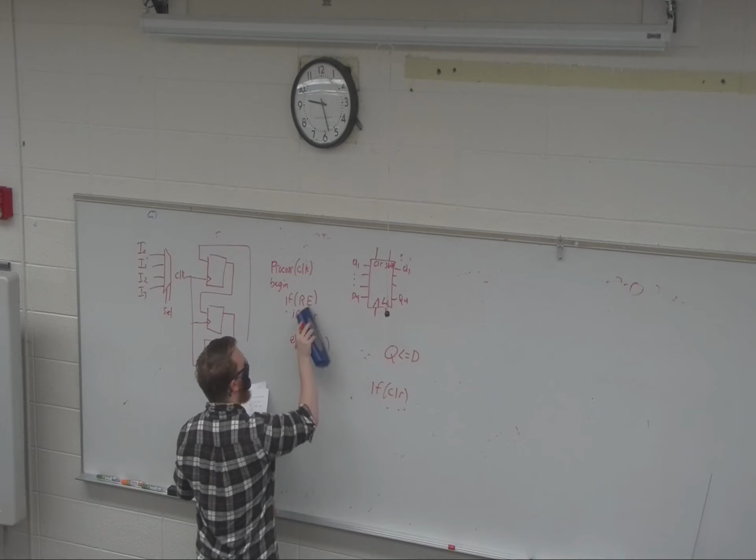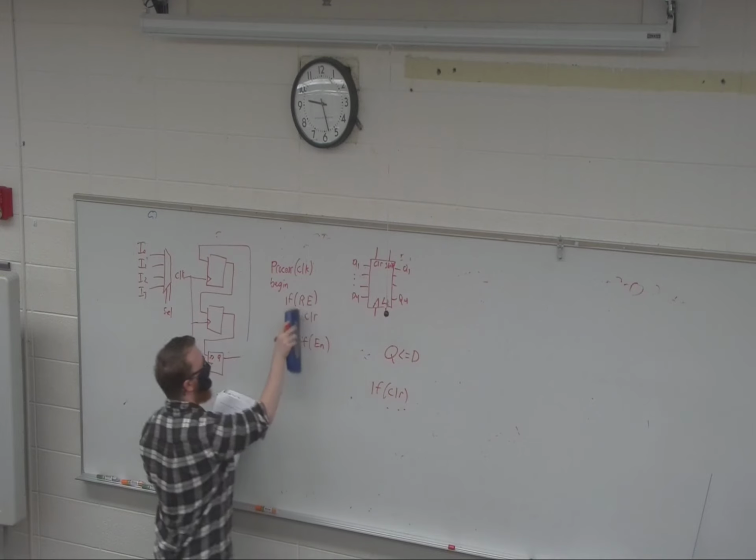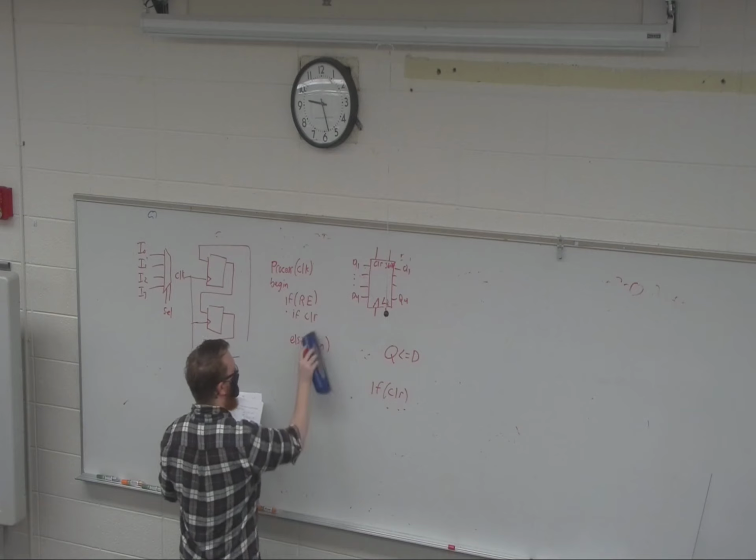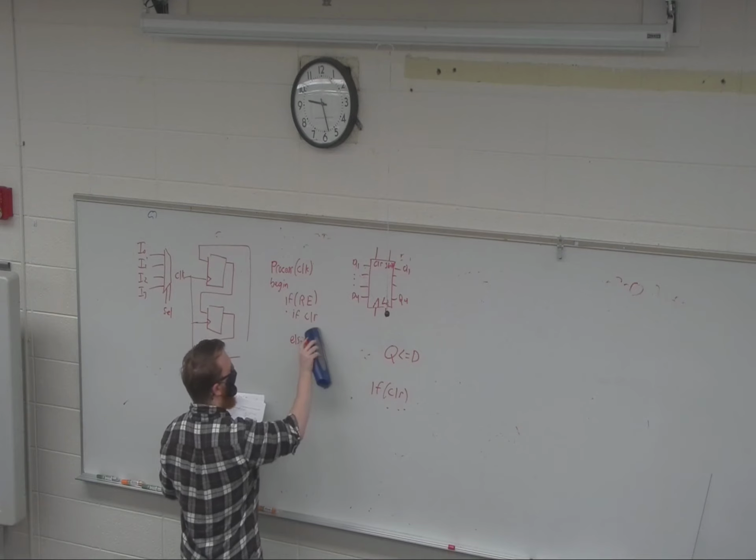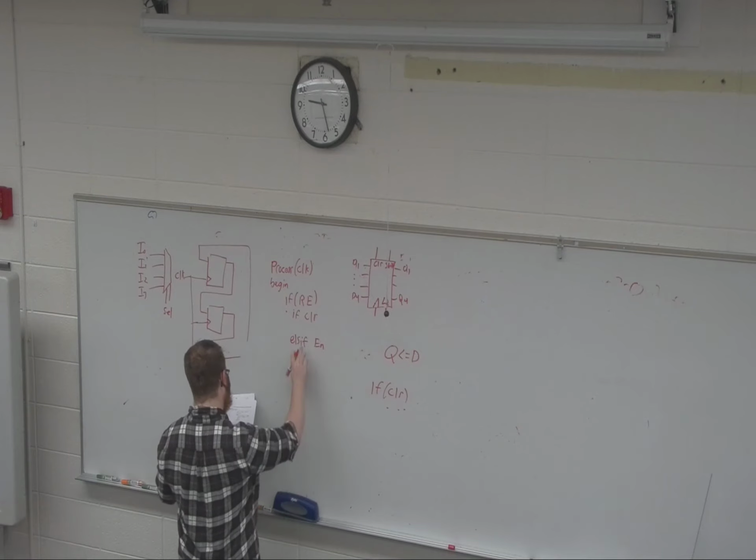Sorry, this notation is wrong. I'm used to Verilog, so if I'm doing these parentheses on the ifs, that's why. VHDL doesn't actually use the parentheses, and I keep forgetting that.